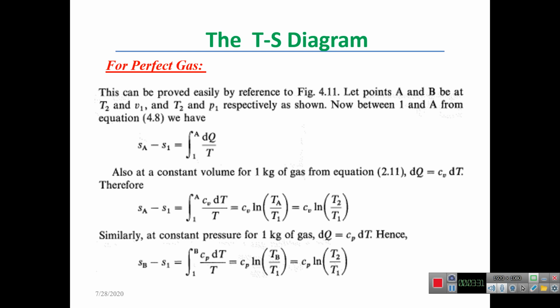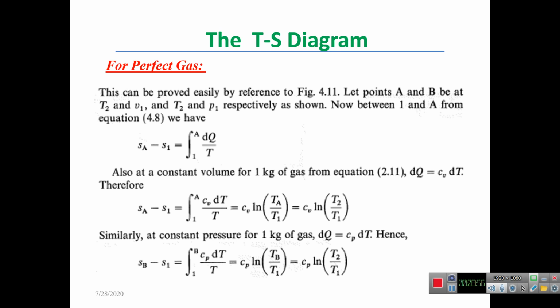Between 1 and A, from equation 4.8, which we developed before as a consequence of the second law of thermodynamics, we have shown that the change in entropy SA minus S1 is given by the integral between 1 and A of dq by T.